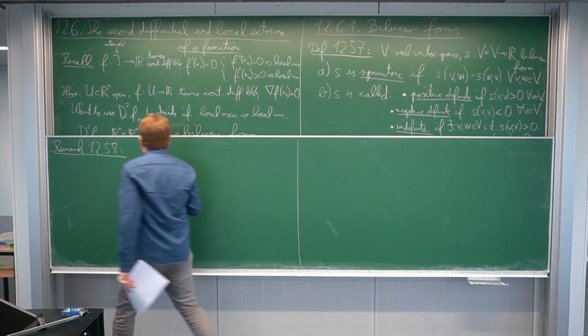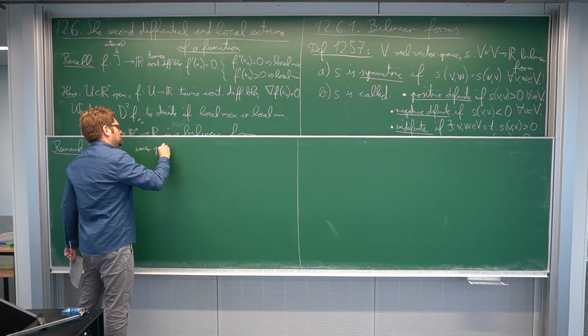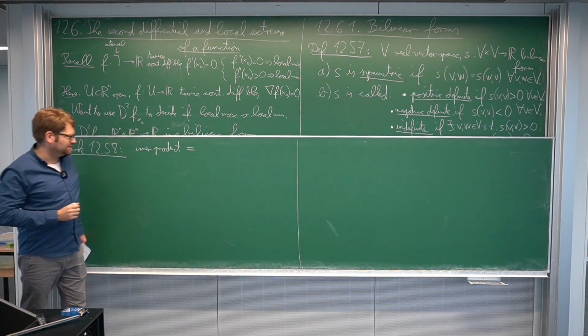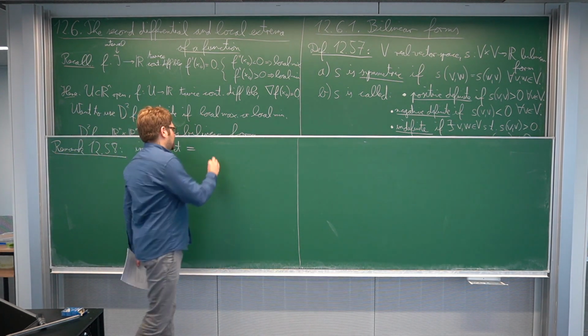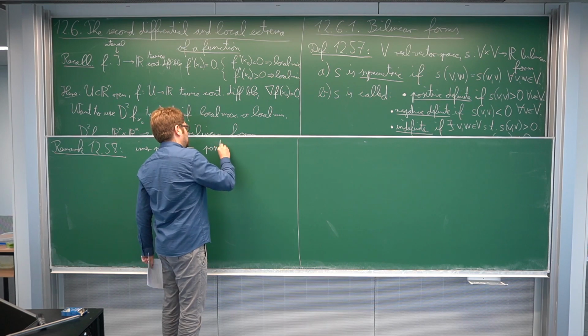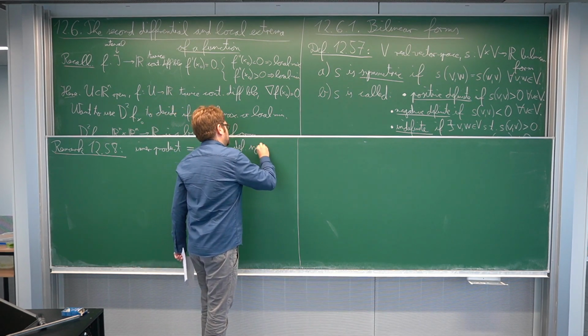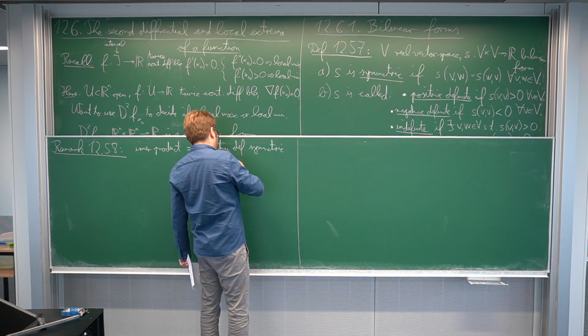So an inner product can just be redefined in terms of bilinear forms. Namely, an inner product, let me just write this equality sign and misuse this equality sign at this point, is the same as a positive definite symmetric bilinear form.